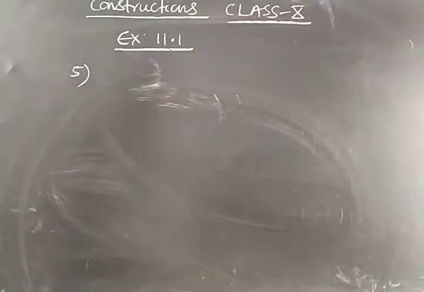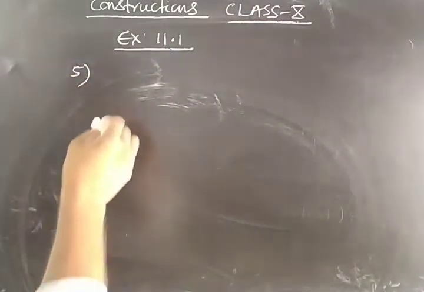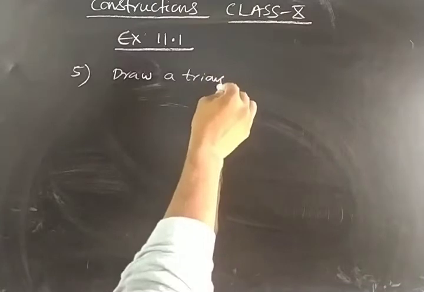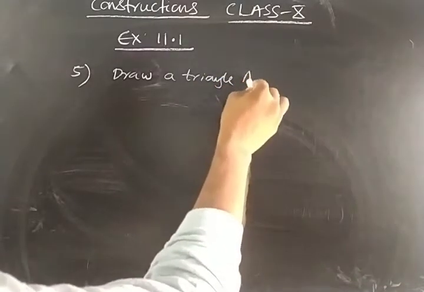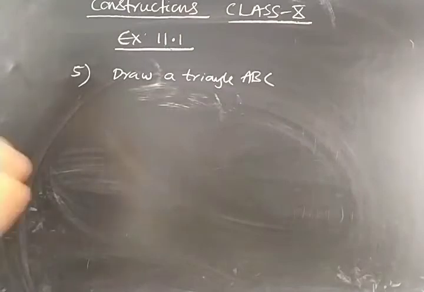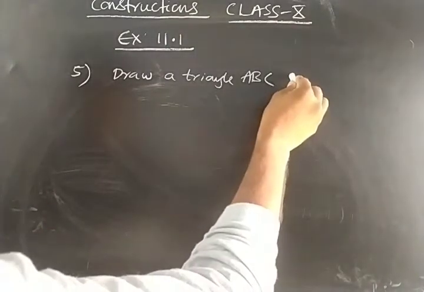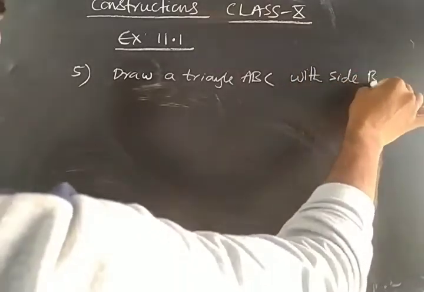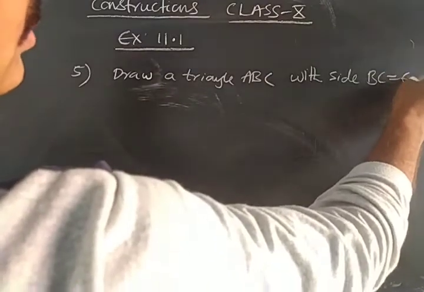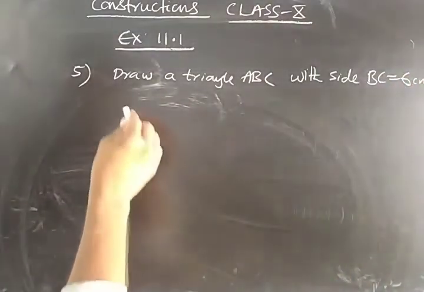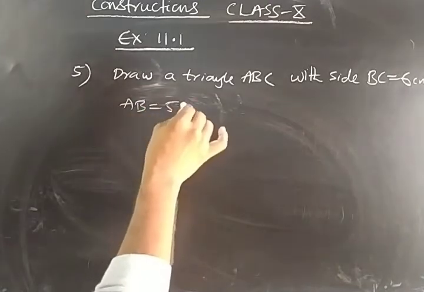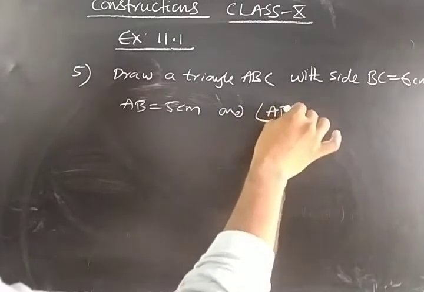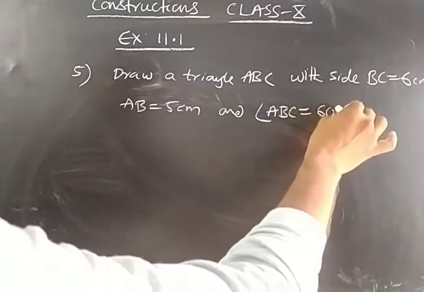Already we solved 4 problems. Now fifth problem. Draw a triangle ABC with side BC 6 centimeters, AB 5 centimeters, and angle ABC 60 degrees.